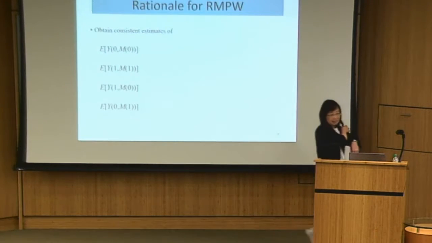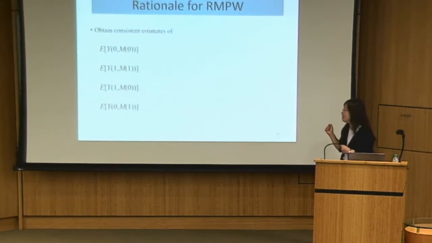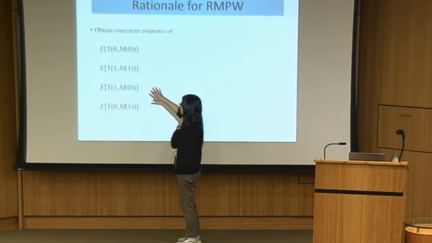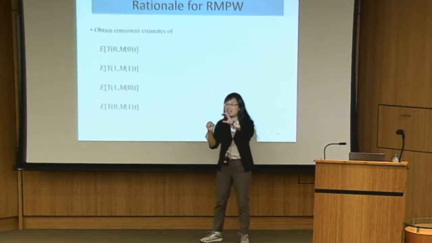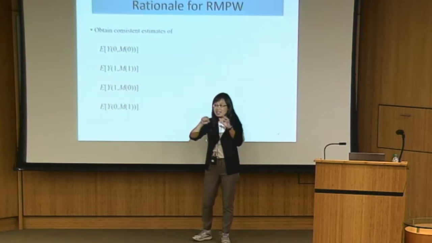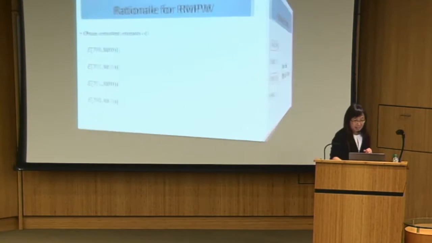So how do we estimate each of these? First question, identify. These are population average counterfactual outcomes. Can we relate all those things that we don't know or won't observe to the observable information? That's a question about identification.